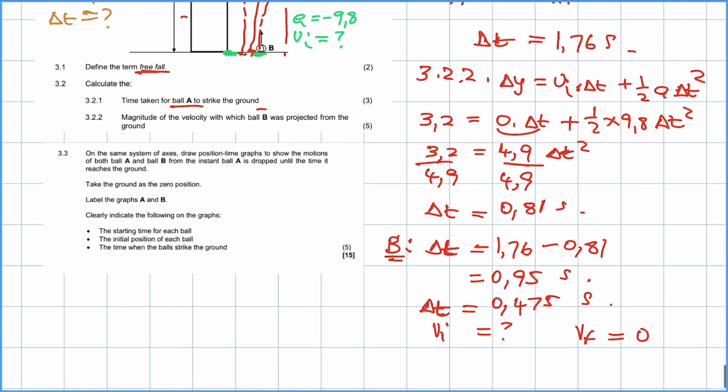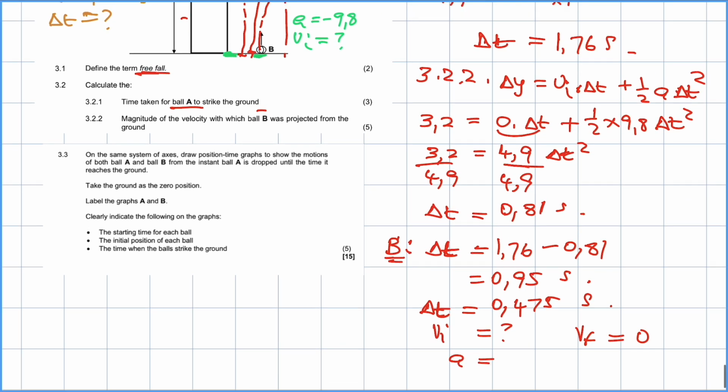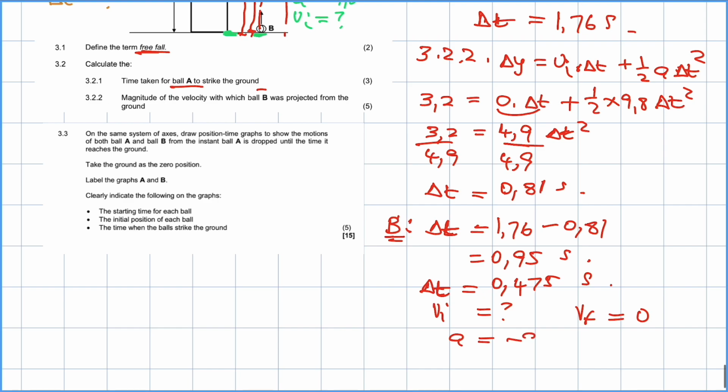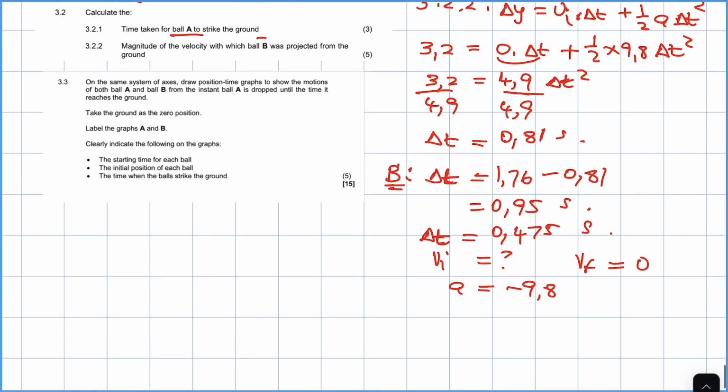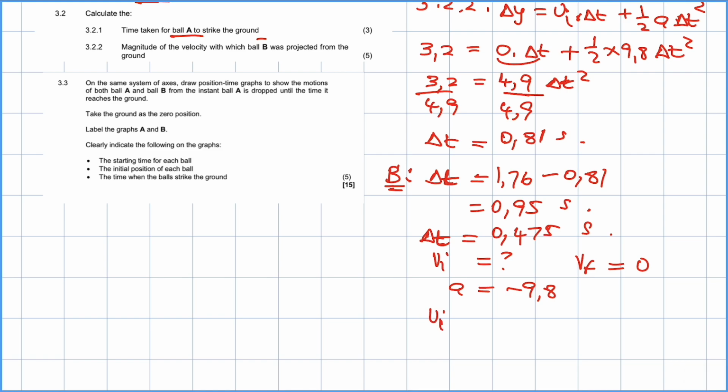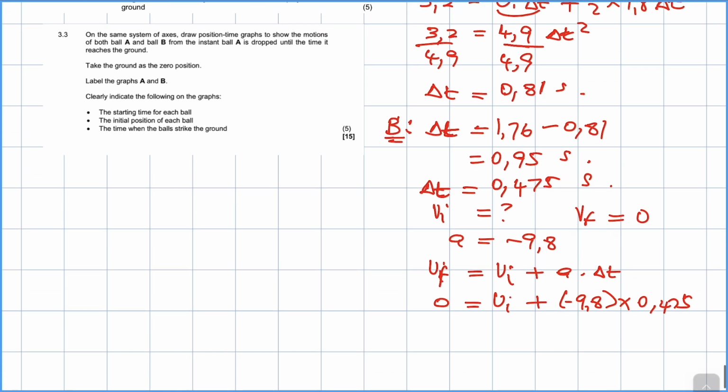So we are looking for VI, and acceleration, obviously with up as positive, is negative 9.8. So we're just going to say VF is VI plus a times the time interval. So VF is 0, VI is unknown, a is negative 9.8 multiplied by the time, which is 0.475.